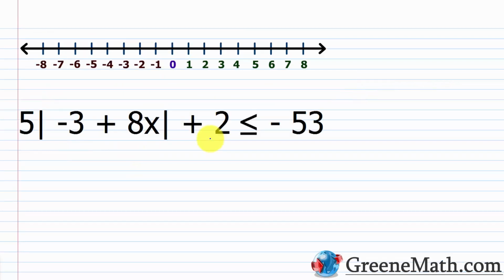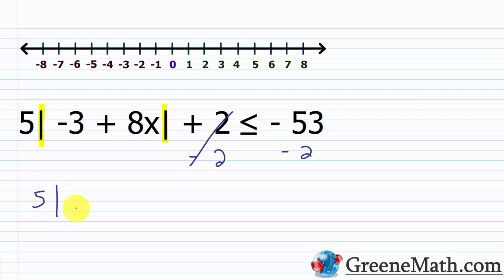For the last problem we're going to look at, we have 5 times the absolute value of negative 3 plus 8x, plus 2, is less than or equal to negative 53. So again, I want to isolate the absolute value operation first. Don't just start applying rules to stuff. That's a common mistake. So let me subtract 2 away from each side of the inequality. That'll cancel.